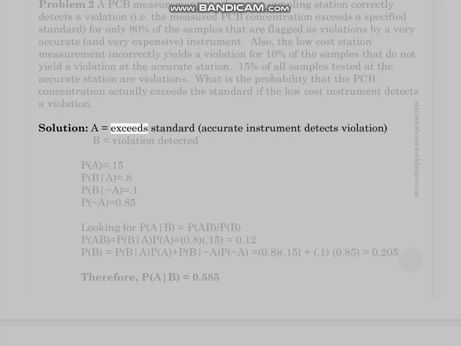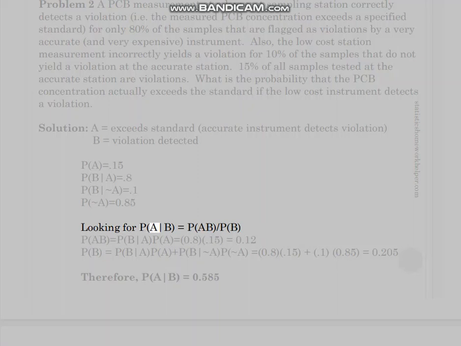Solution: A equals exceeds standard, accurate instrument detects violation. B equals violation detected. P(A) equals 0.15, P(B|A) equals 0.8, P(B|not A) equals 0.1, P(not A) equals 0.85.